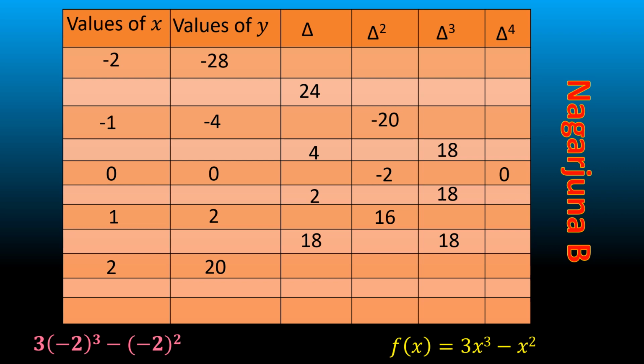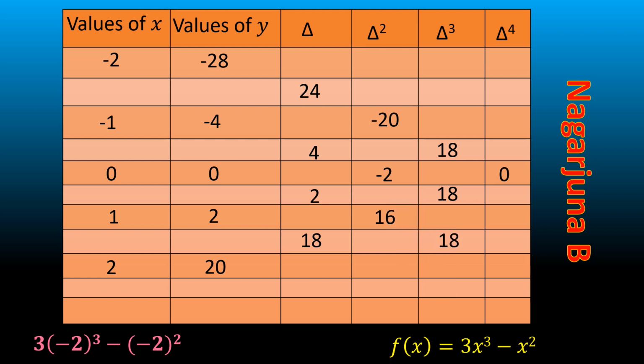The next, similarly, the second delta cube value, that is 18, minus the second delta square value, that is minus 2. 18 minus 2 will be 16. So similarly here the third delta cube value is 18, whereas the third delta square value is 16.